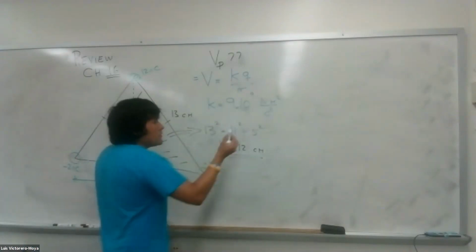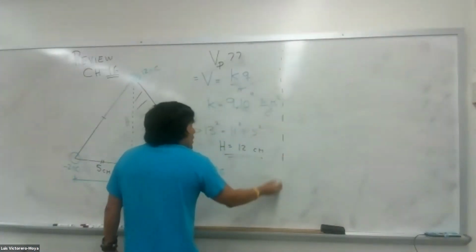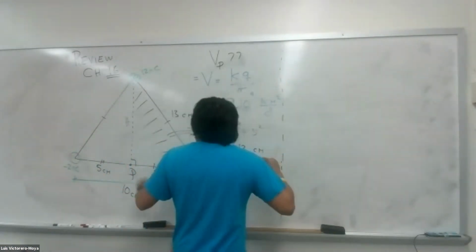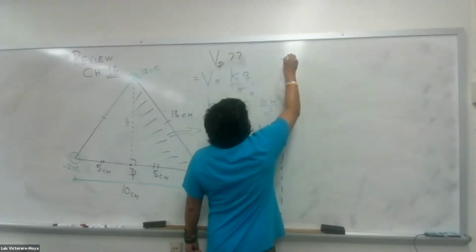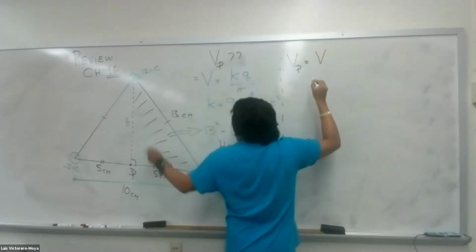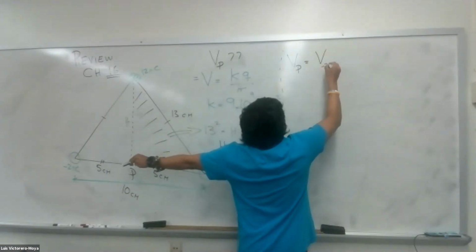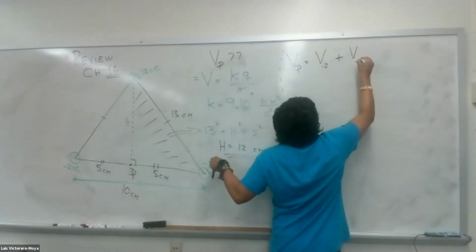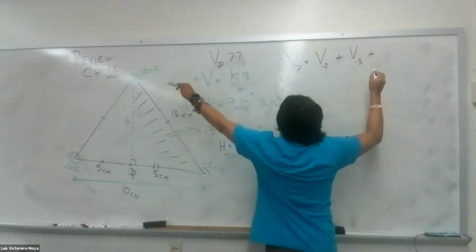So now let's find the electric potential. The electric potential at P is a potential due to -2, plus a potential due to -3, plus a potential due to 12.